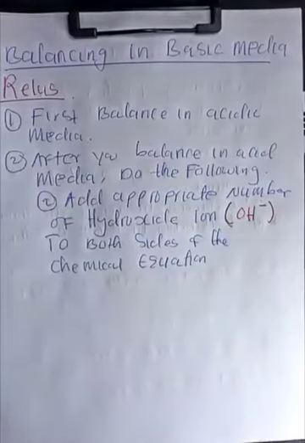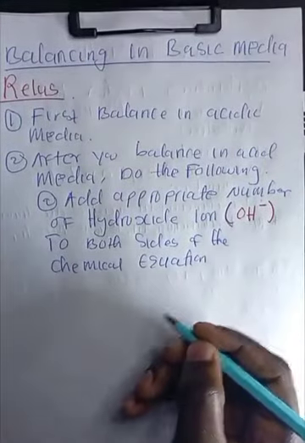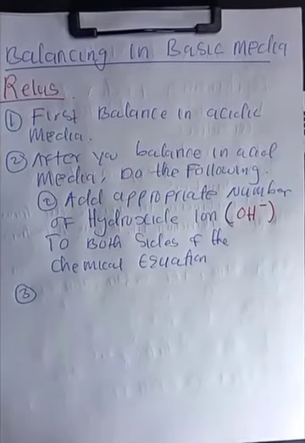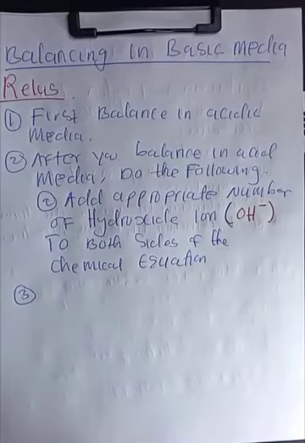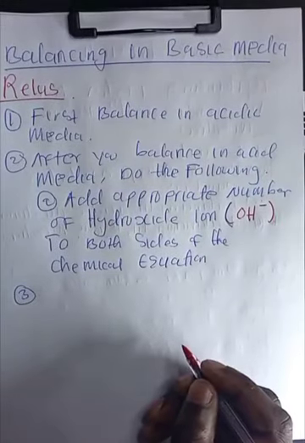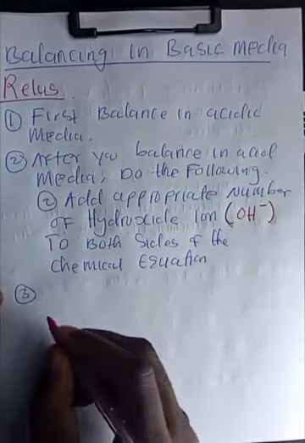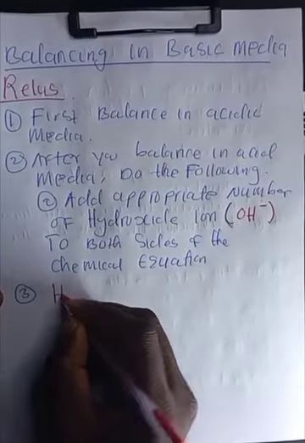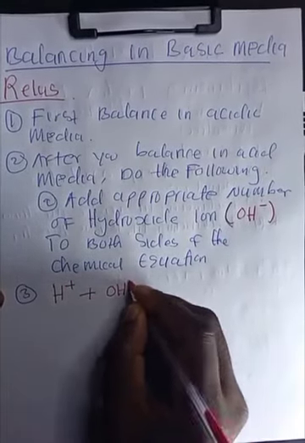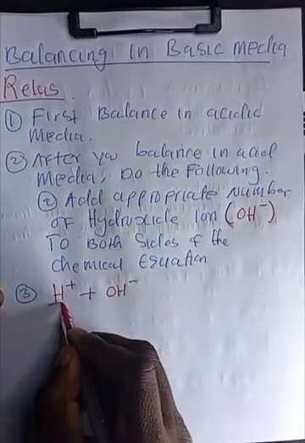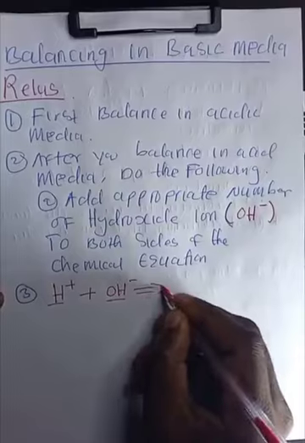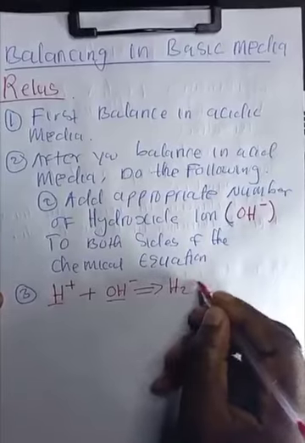We add hydroxide ions. Then after you do that, we go to step 3, which will be the last one. We have to understand one important concept: when hydrogen ion reacts with hydroxide ion, we produce water molecules.